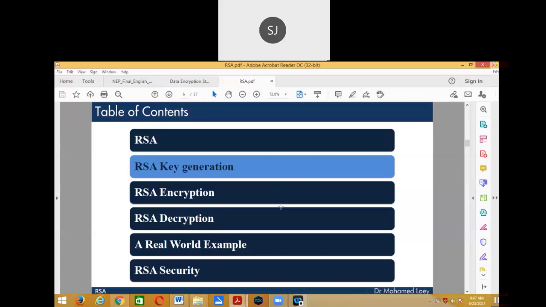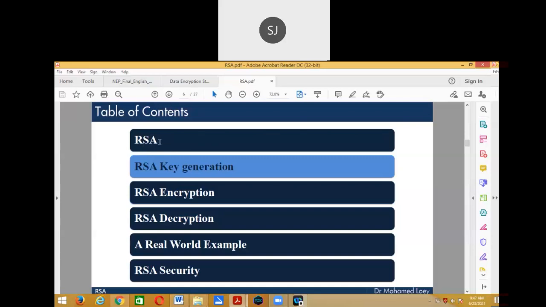There are standard key generation processes, or you can say there is a key distribution center, which we call the KDC. It has the responsibility of generating keys. The process of generation of public key and private key is what we are going to study in the case of RSA.